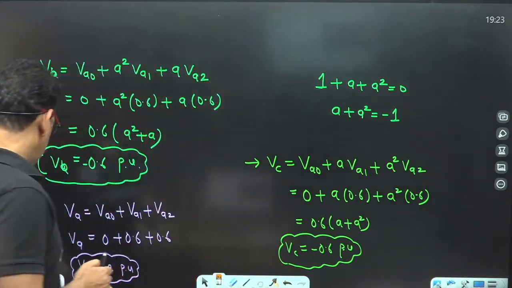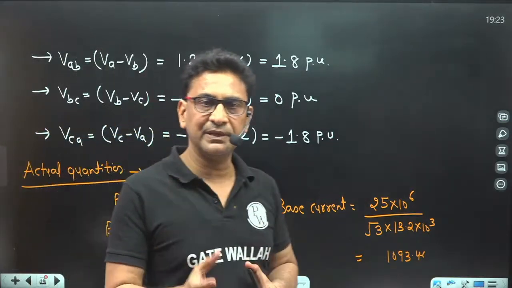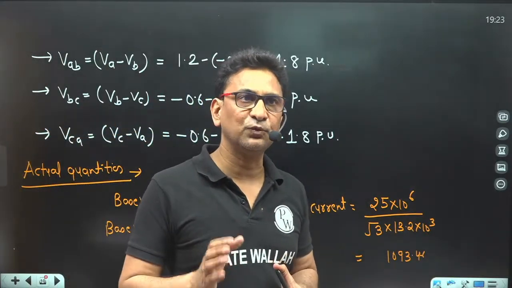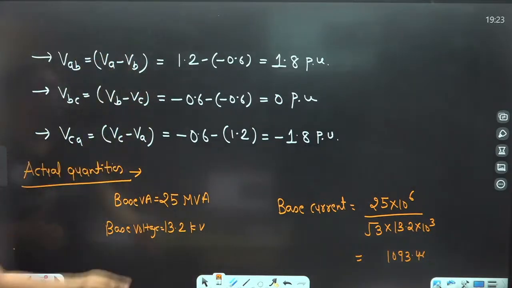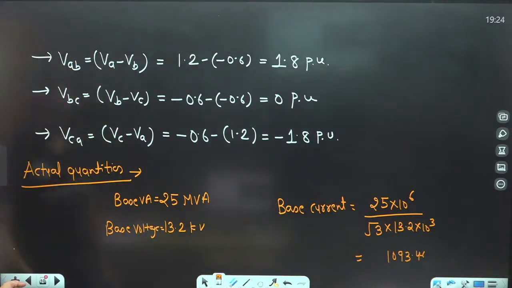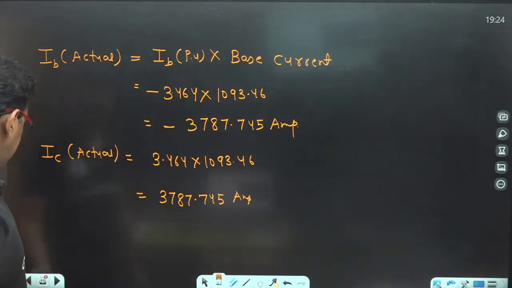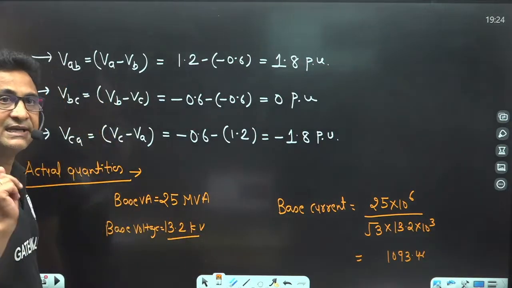Even if you are getting the VAB line voltages here, always multiply by the phase voltage base. So now this is my base voltage 13.2 kV, but it is a line voltage.